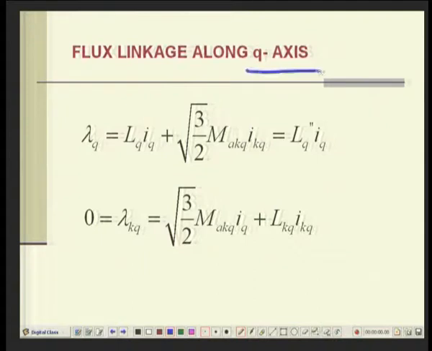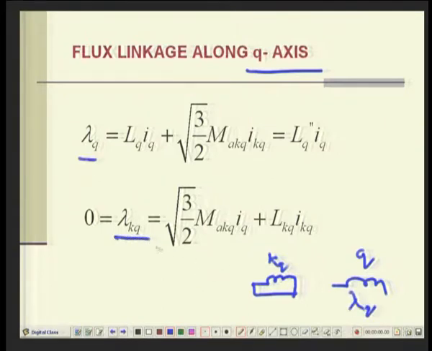Now, the same thing you can do along the q axis. So, in the q axis what do you have? You have the q winding and the kq winding, there is no f winding in the q axis, right, and there will be a lambda q here and lambda kq is 0, okay, and you know lambda q is LQ iq plus this, there is only a linkage of these two, right, and lambda kq.